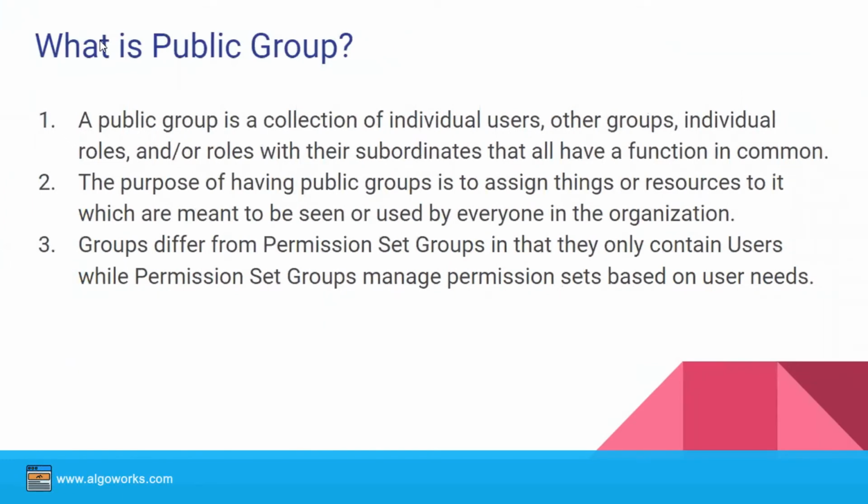Basically, a public group is a collection of individual users, other groups, individual roles, and/or roles with their subordinates that all have a function in common. We combine all the users, individual roles, or groups into one public group so that, if I want to share a report or dashboard with a particular set of users, I need not add every user each time.